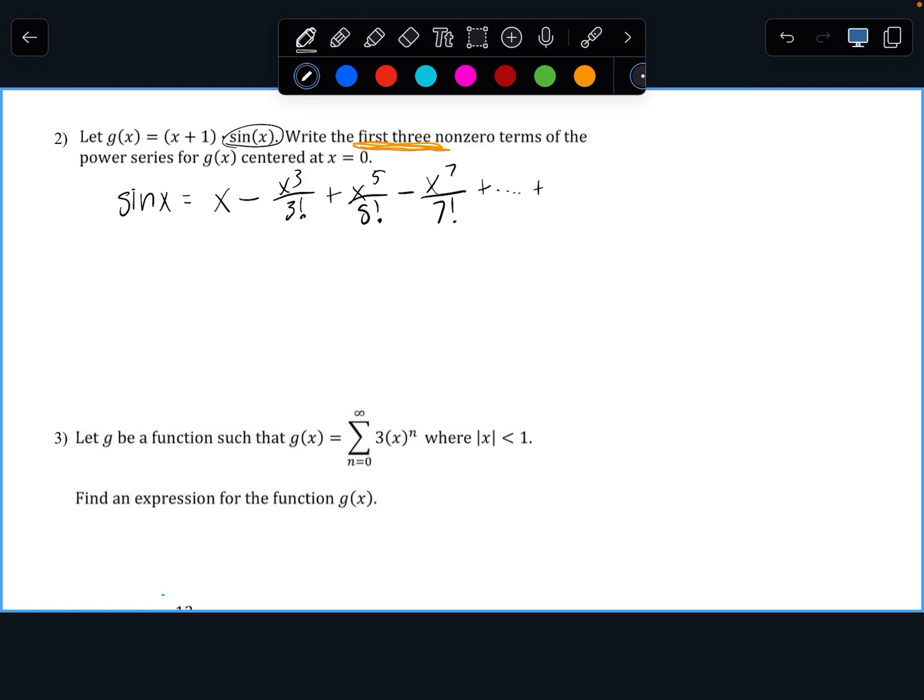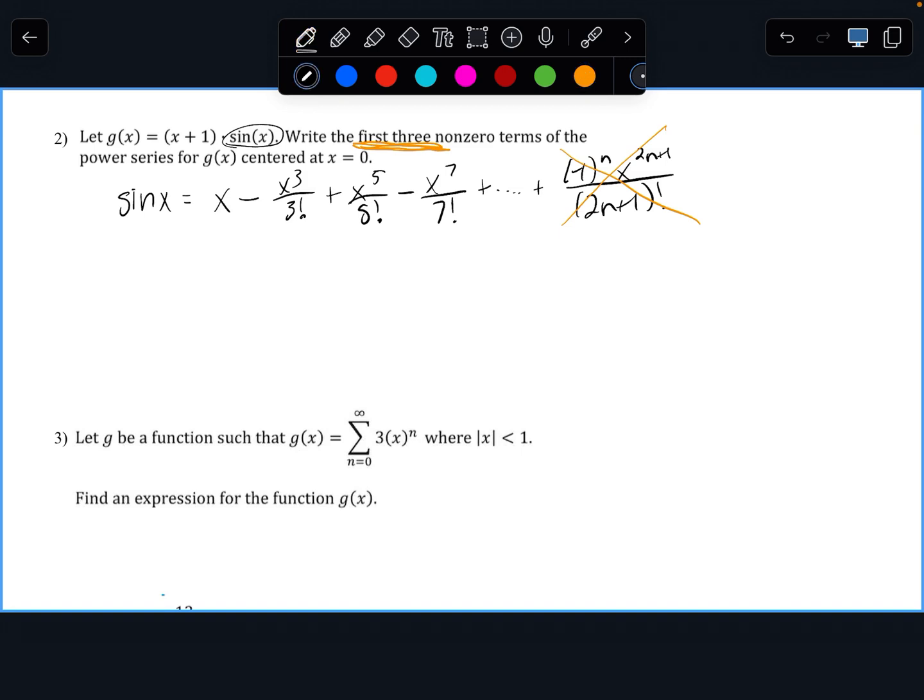Plus, and then technically we have a general term, but we're not needing to do that. I guess I'll just write it for fun: (-1)^n x^(2n+1) over (2n+1) factorial. So that's sine, but like I said, we only need the first three, so I don't really need to deal with this. Don't freak yourself out over it.